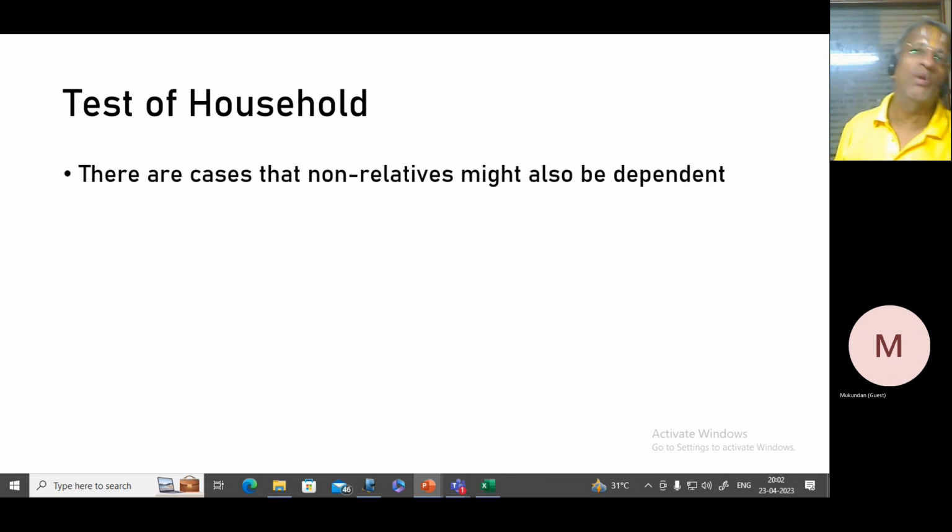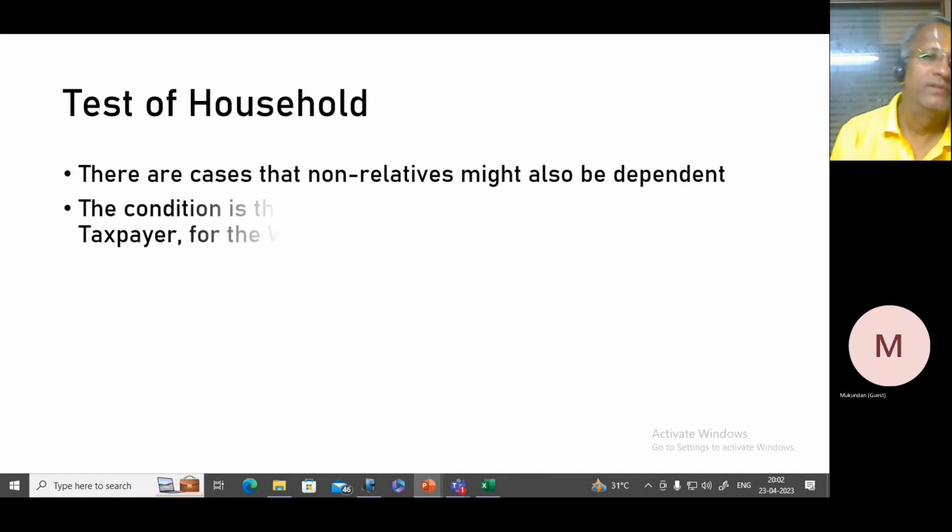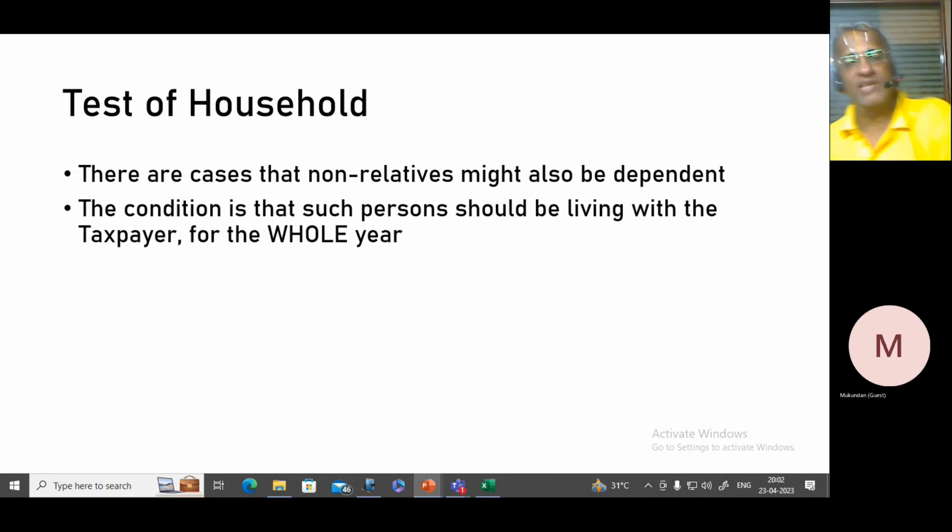Those who are not qualifying here are given the opportunity to get qualified, but the rigors are a little on the higher side. Qualifying child will have fewer very strict conditions. In the case of qualifying relatives, it is a little tougher. It is hard to pass, is what you can take it as. The condition is that such person should be living with the taxpayer for the whole year.